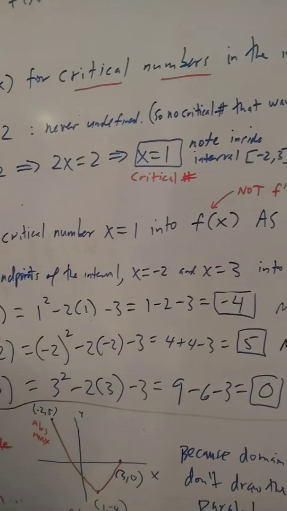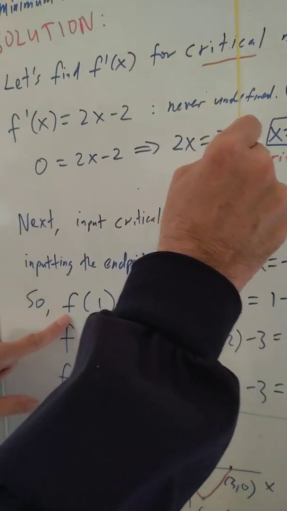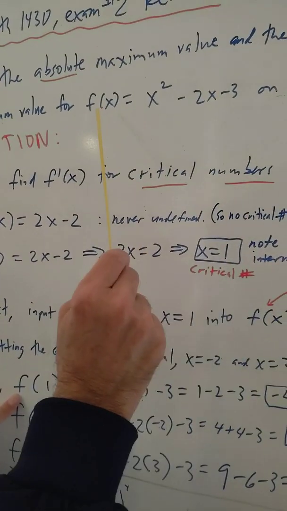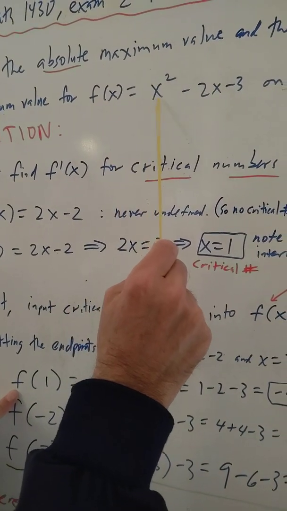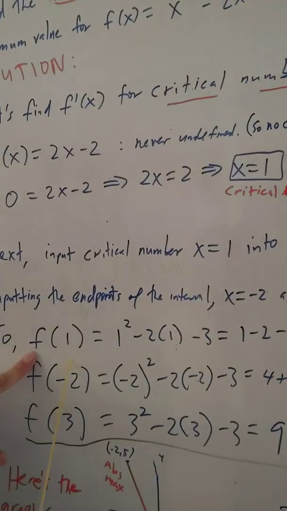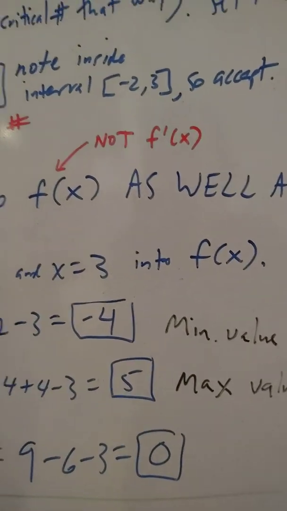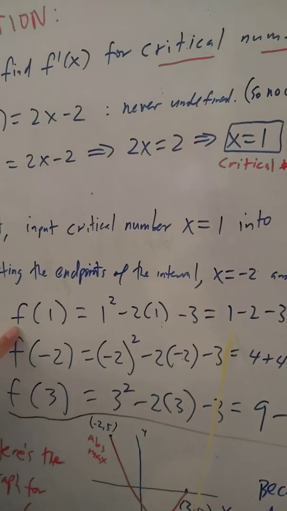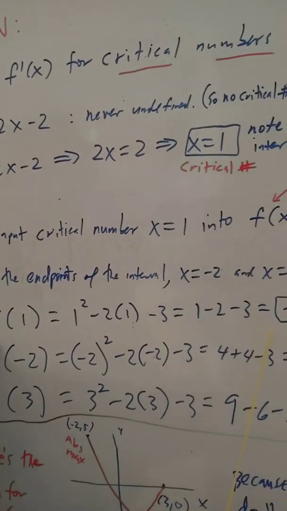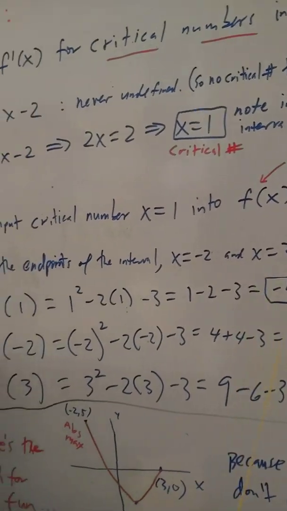So what is f of 1 equal to? Make sure you go to the f of x function. F of 1 is 1 squared minus 2 times 1 minus 3, which simplifies to 1 minus 2 minus 3, which is -4.